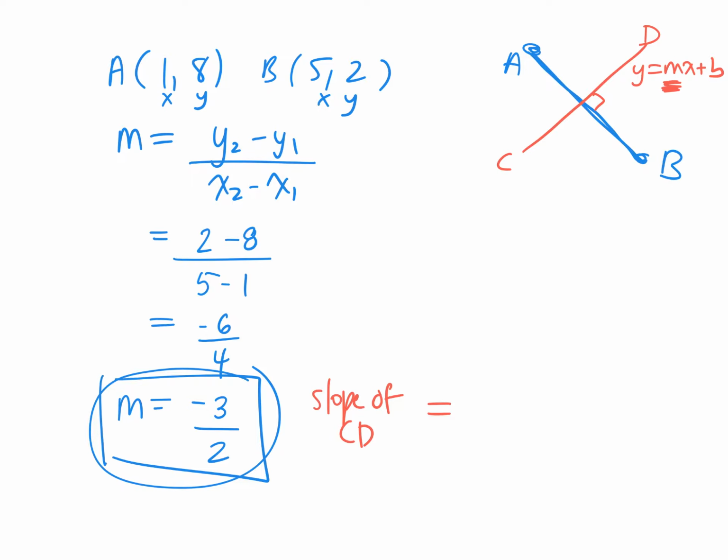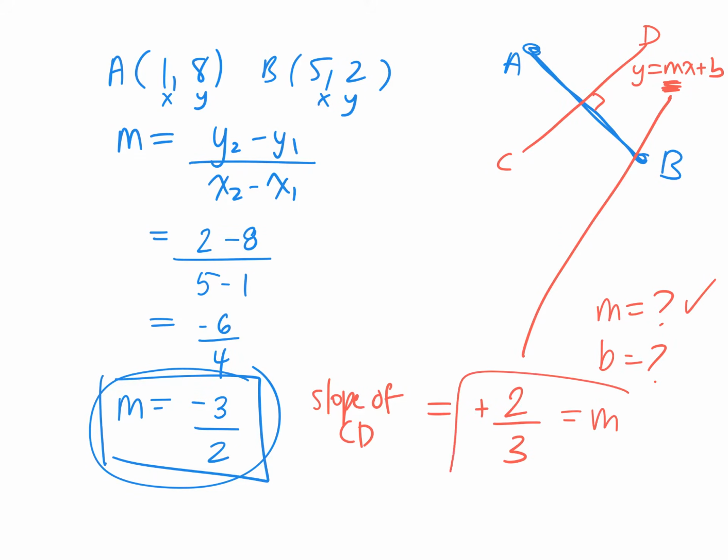Is it going to be a negative slope or a positive slope? Yep, positive. What's the reciprocal of 3 over 2? 2 over 3. Okay, so we just figured out M. Remember, to find an equation of a line, you need to know what M is equal to, and you need to know what B is equal to. We figured out M. M is 2 over 3.